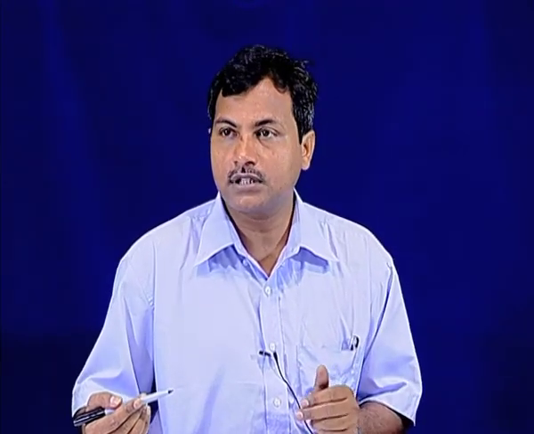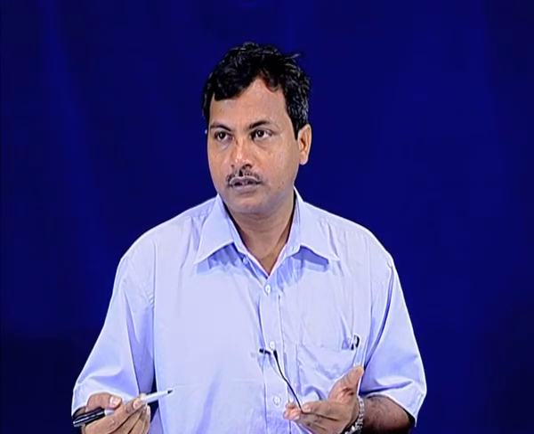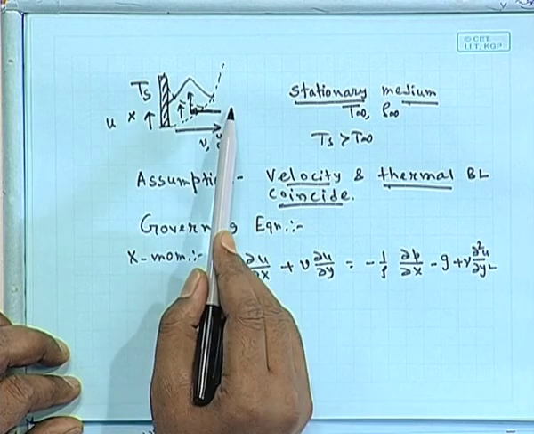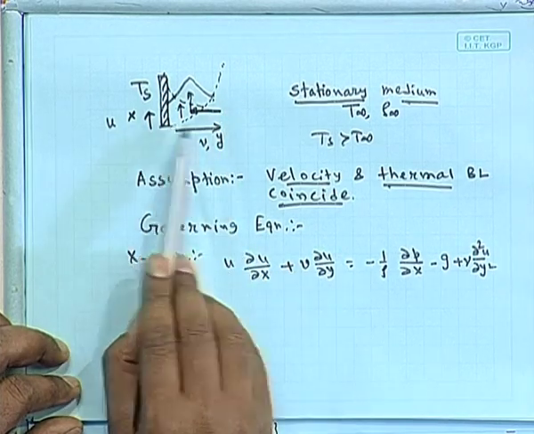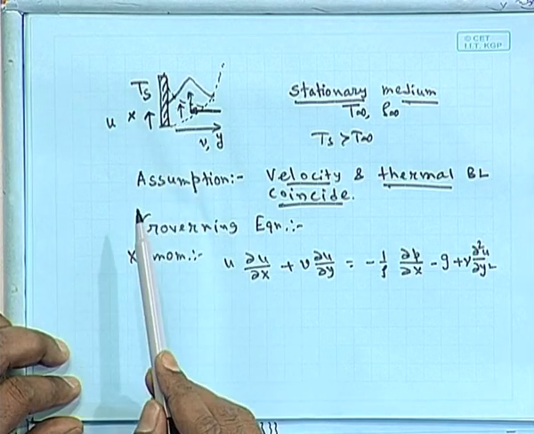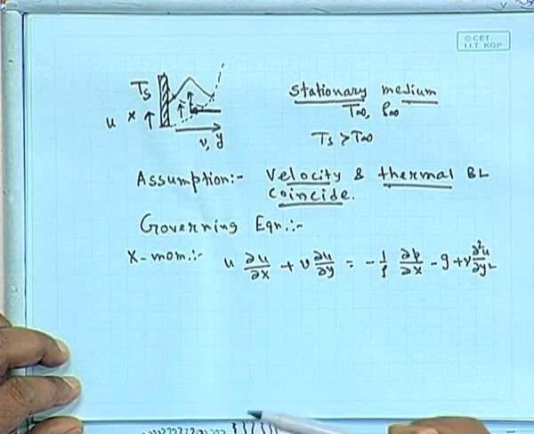But in natural convection, you do not have such a thing. There will be velocity existing, but the velocity will be equal to 0 somewhere in the y direction away from the plate. There will be a temperature profile existing close to the plate, and it will be equal to T infinity somewhere.